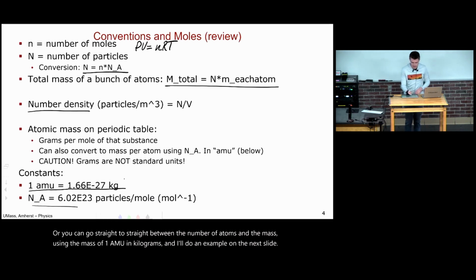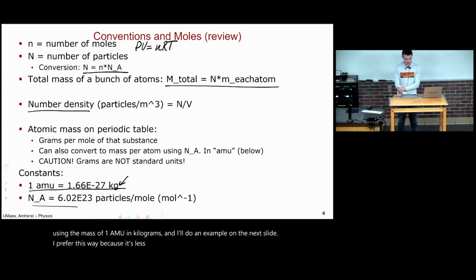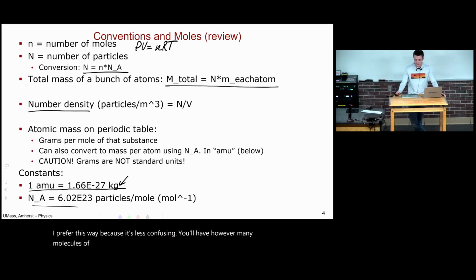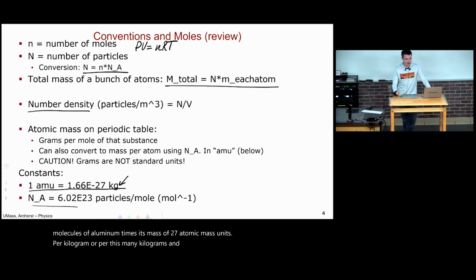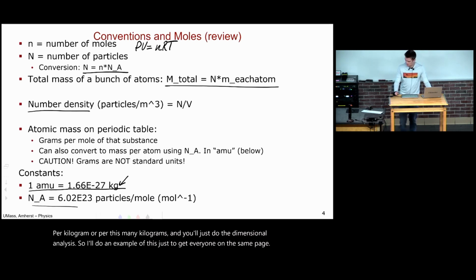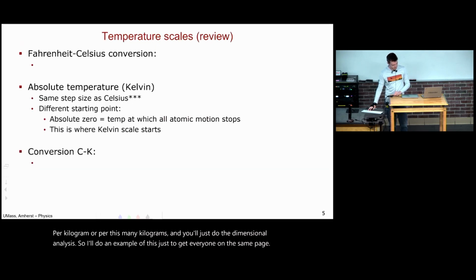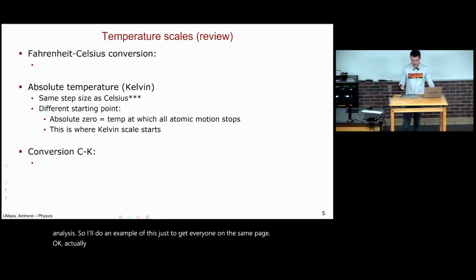I prefer this way because it's less confusing. You'll have however many molecules of aluminum times its mass of 27 atomic mass units, converted to kilograms, and you'll just do the dimensional analysis. So I'll do an example of this just to get everyone on the same page. Oh, okay, actually on the next page.